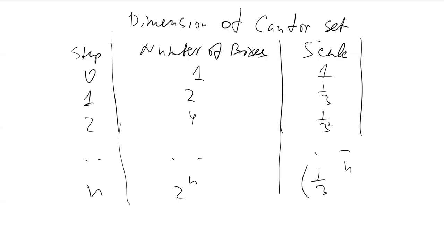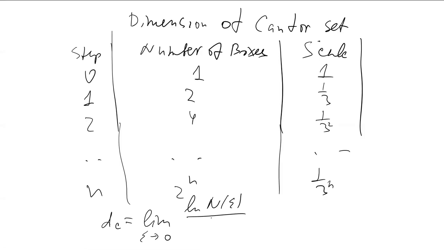Now to find the dimension, the box counting dimension for the Cantor set is equal to the limit when epsilon tends to 0 of logarithm of n divided by logarithm of 1/epsilon.